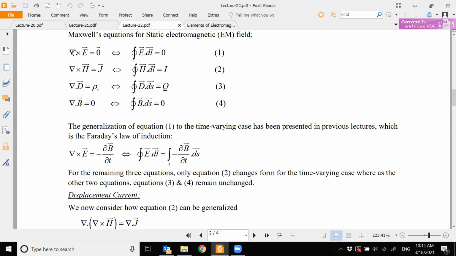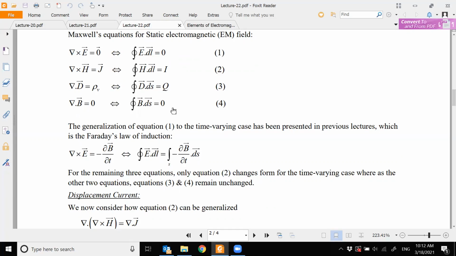So therefore I have generalized the first equation to the time varying case that we studied in the last two classes. So therefore del cross E bar is now minus dou B bar over dou t, or this is the integral form. So this equation is now modified to incorporate time varying fields.